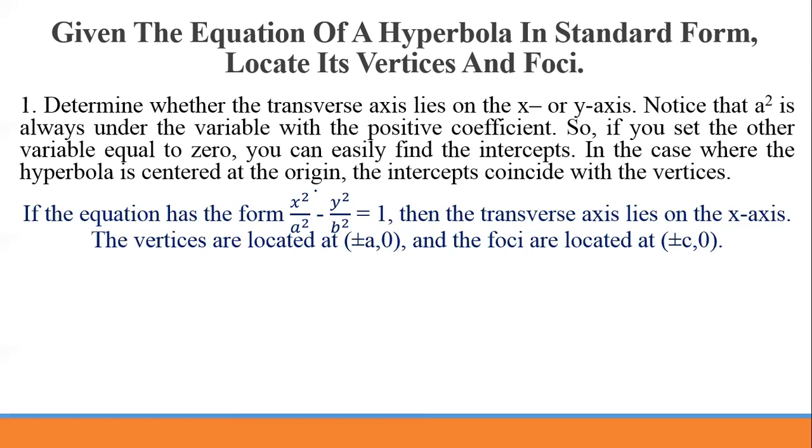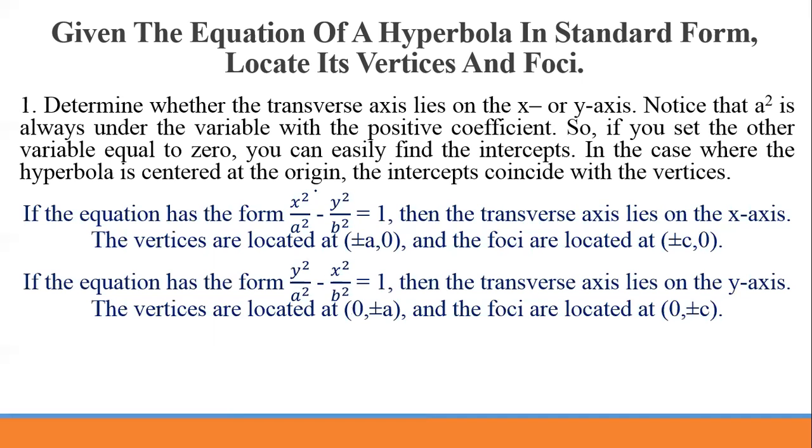The vertices are located at plus and minus a, 0 and the foci are located at plus and minus c, 0. Ayun. And if the equation has the form y squared over a squared minus x squared over b squared equals 1, then the transverse axis lies on the y-axis.